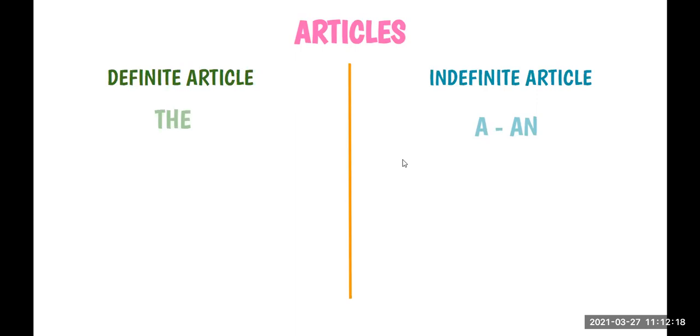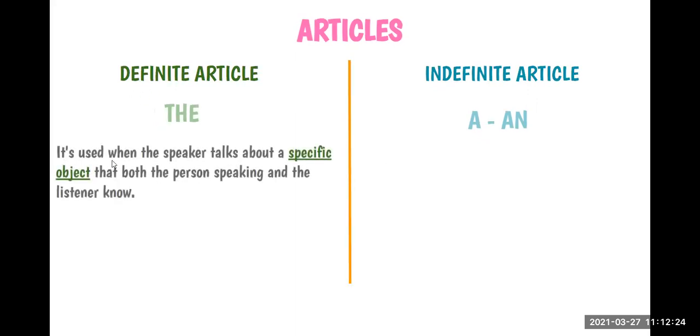Right, when we are talking about something specific. That's why it's definite. So, the is used when the speaker talks about a specific object that both the person speaking and the listener know.